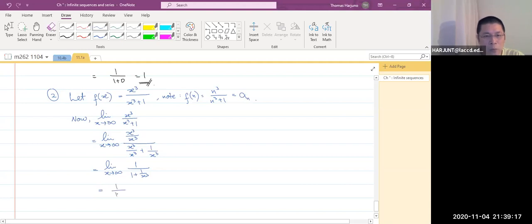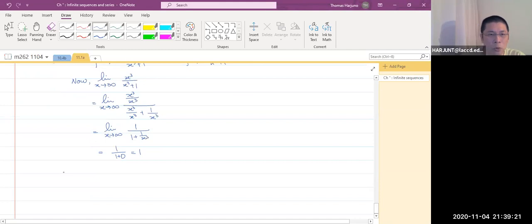It's 1 over 1 plus 0 equals 1. So, by the superposition function theorem, the limit as n goes to infinity of n cubed over n cubed plus 1 also equals 1.